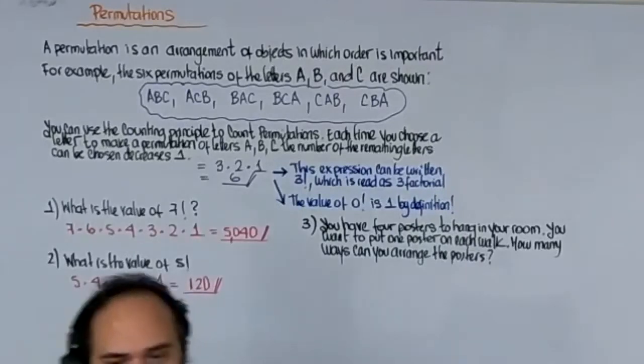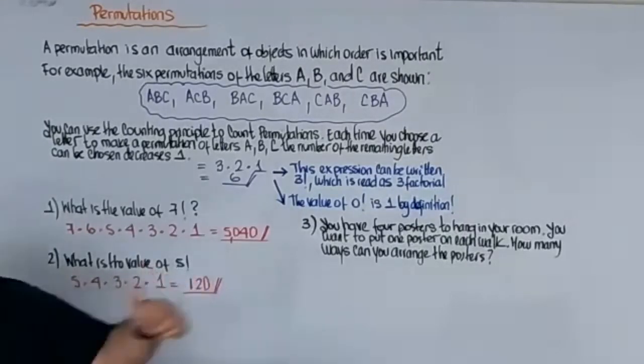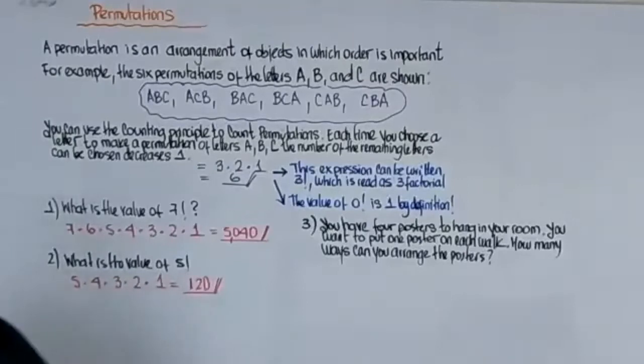What are we going to do? You have 4 posters to hang in your room. You want to put one poster on each wall. How many ways can you arrange the posters? What are we going to do? 4 factorial, right? Excellent. Another way of saying it is 4 factorial.